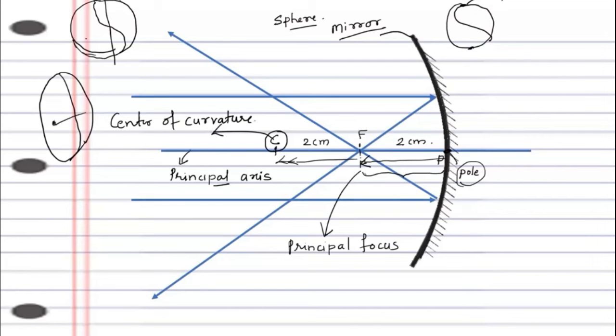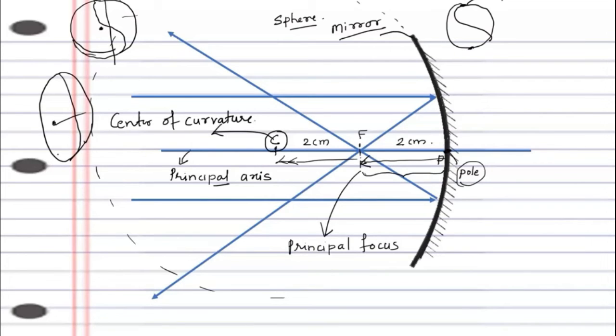Somewhere here is the center of this ball. It will be inside the ball, but it is not on the layer, on the body of the ball. That is the point which is called the center of curvature. So what does the center of curvature of this concave mirror mean? Suppose you extend this concave mirror and it becomes a big sphere, and the center of that sphere is called the center of curvature.